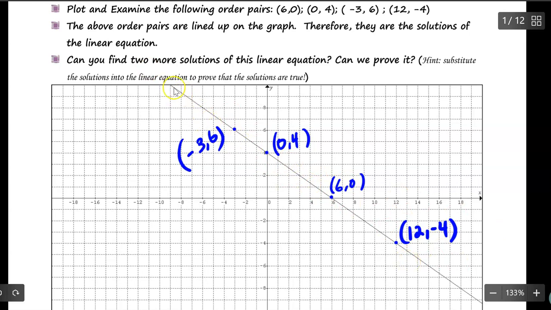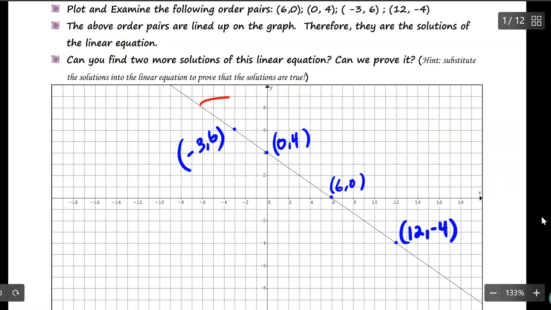You see, all of these points on this graph will be the solution for this linear equation. The above ordered pairs are lined up on the graph, therefore they are the solution of the linear equation. So this linear equation, let me label it for everyone to see.